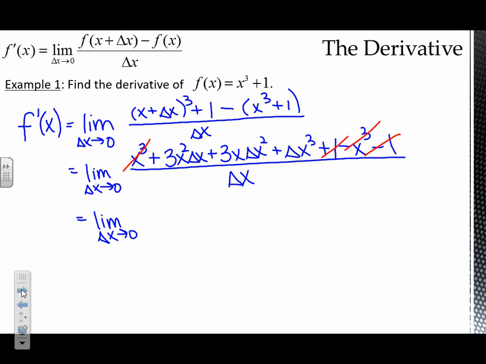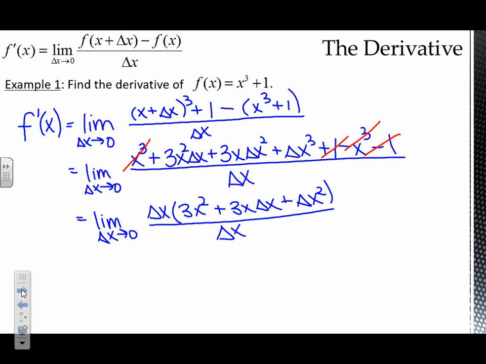Okay, with what's left over, what should we always be able to do with our numerator? Factor out an h, or in this case, delta x. Our delta x's can cancel, and now we can actually evaluate our limit.